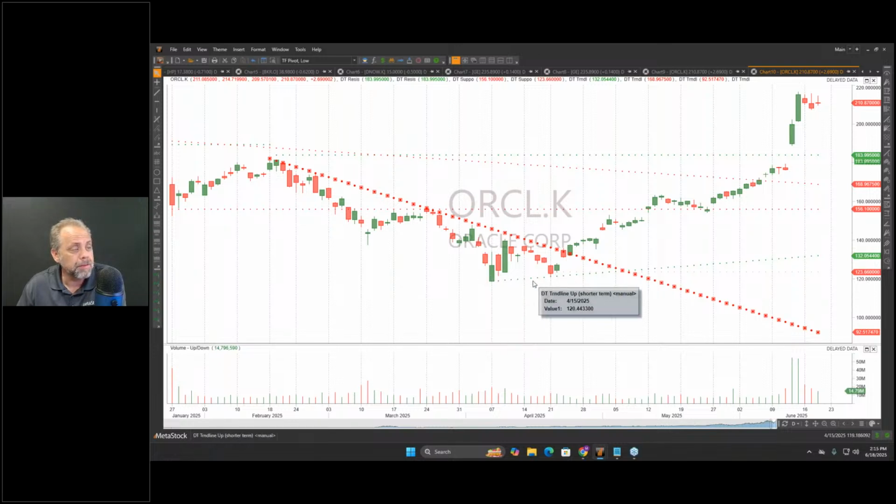It also found an up one right here based off of these 2 lines. So if it finds the support and resistance or the trend lines or the things that match its algorithms, its AI for the support and resistance tools, it'll notify you on the chart. So it's a good way to find stocks that are moving. Again, I like to find stocks that are already moving and take advantage of the momentum they've got.